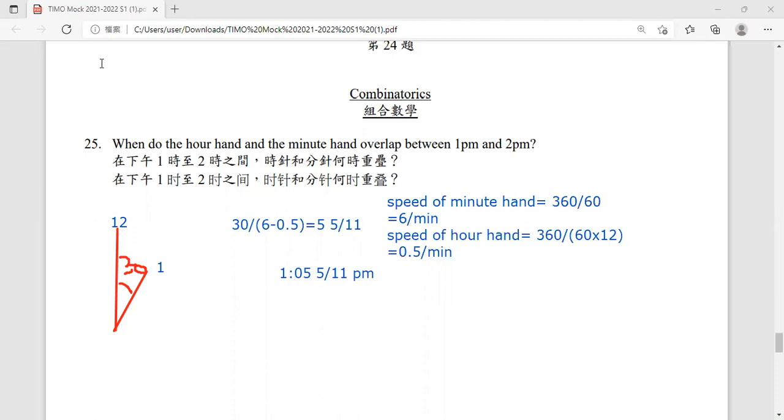Oh, question 24, you just sum up the cubes. It's just that. Sum the cubes.